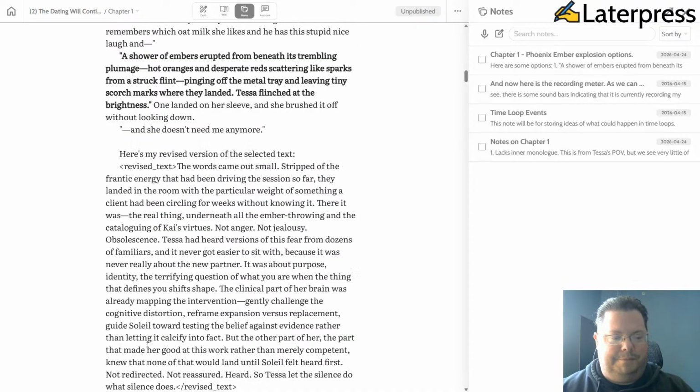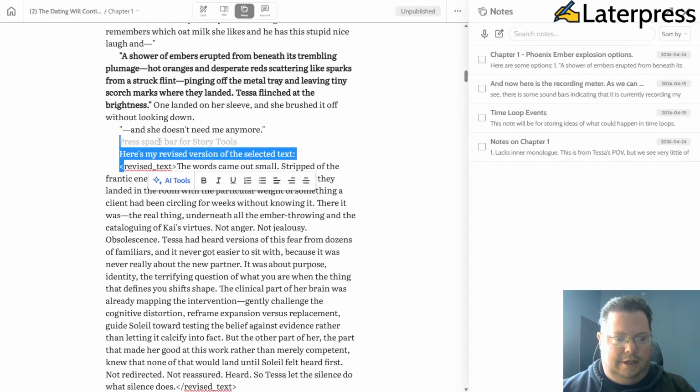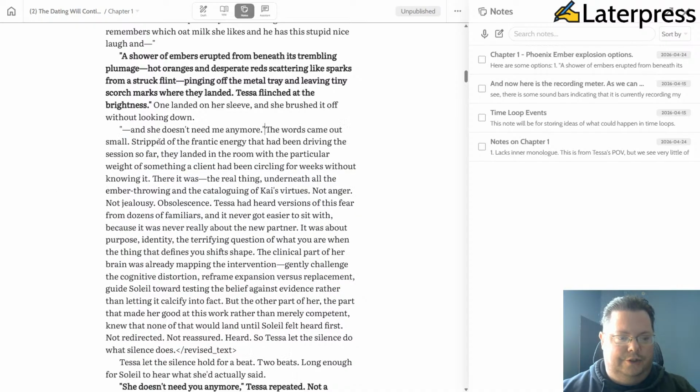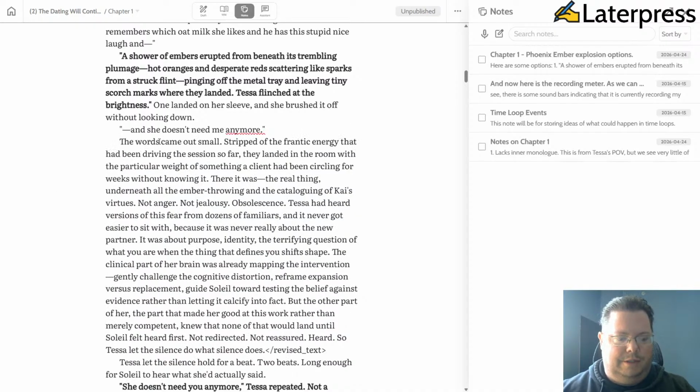So I'm going to pop this in, and let's cut the obvious first. Here's the revision, the revised text, blah, blah, blah. There's the ending to the revised text. AI loves the rule of three, and I am also a fan of the rule of three, of having three things to make a point, but it loves it too much.